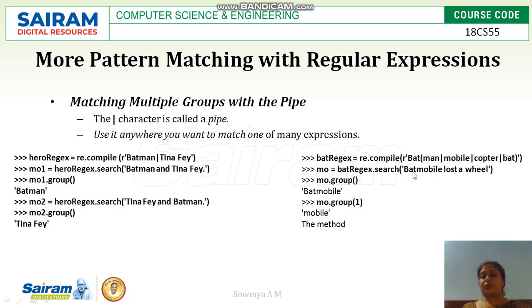So the group you get is Batmobile. And group 1, since man, mobile, copter, bat is differentiated by pipes but grouped in one group, either one value will be stored in group 1 with respect to the string you have passed.